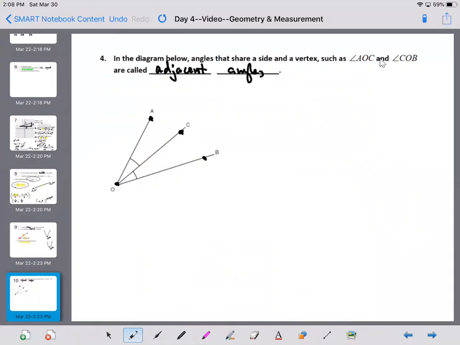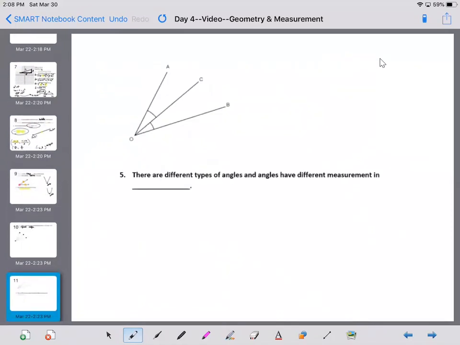And when you're measuring these, you're going to see that the measurement with angles will be in degrees. Okay. There's also a measurement in radians, but this is not the course for that.